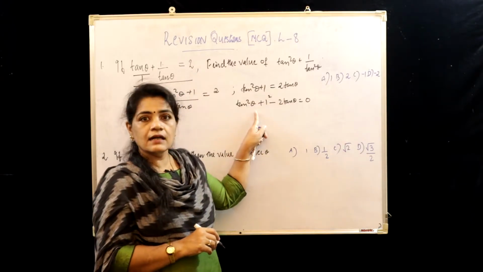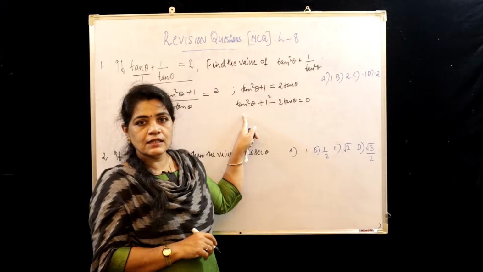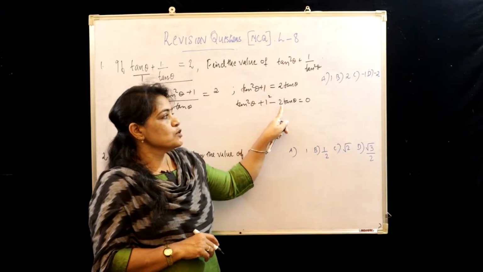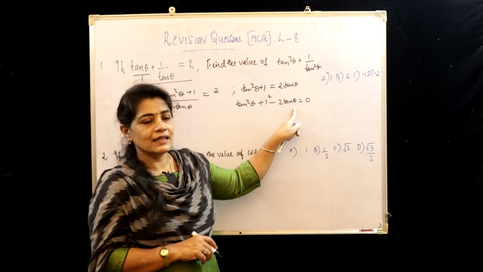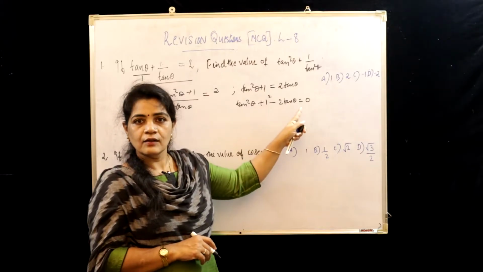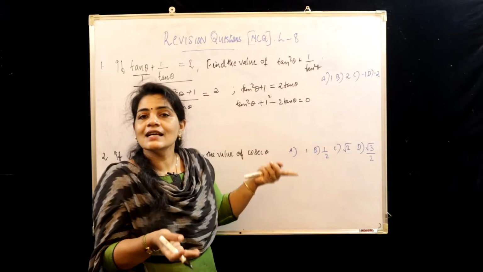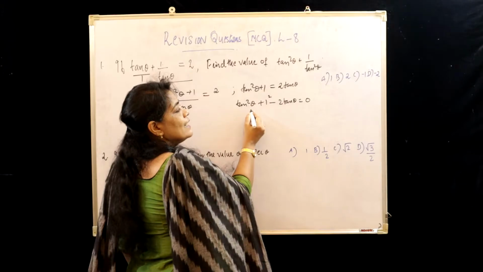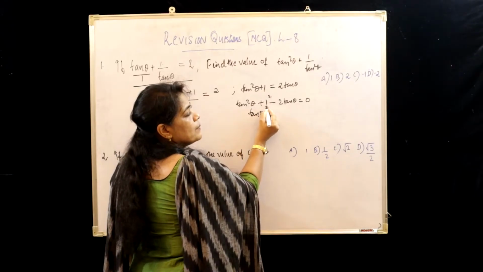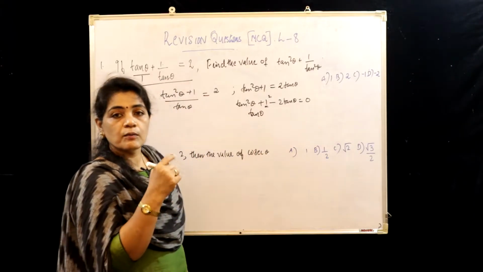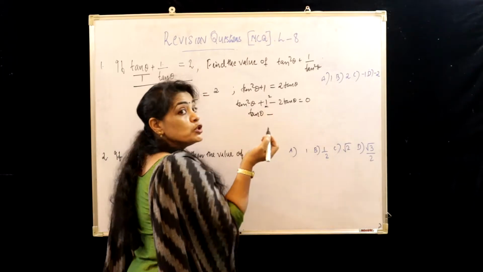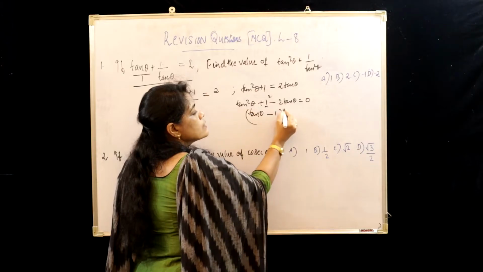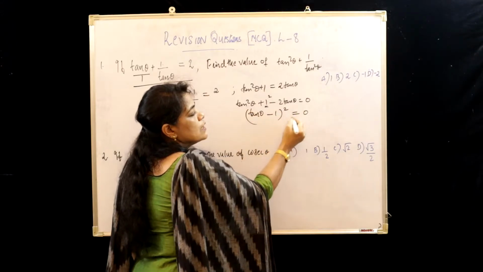So (tan theta) whole square, that is tan square theta, plus 1 square: a square plus b square minus 2ab, where a is tan theta and b is 1.